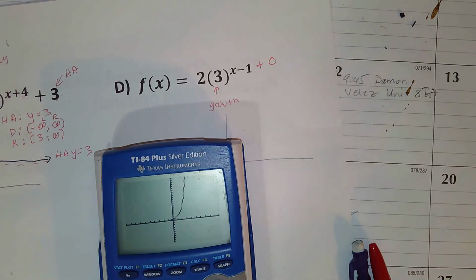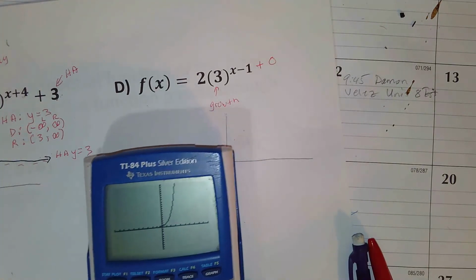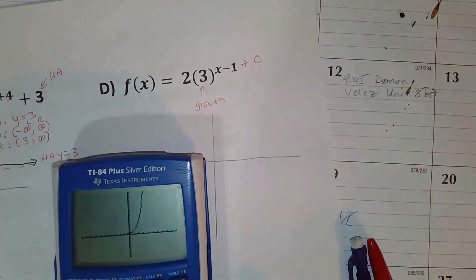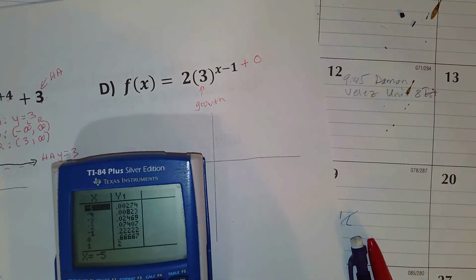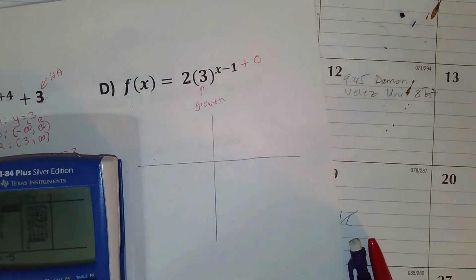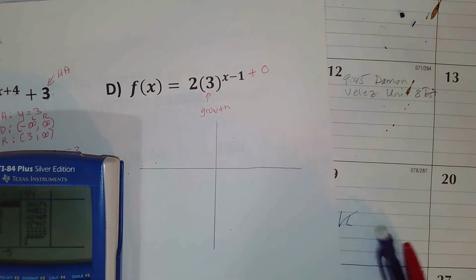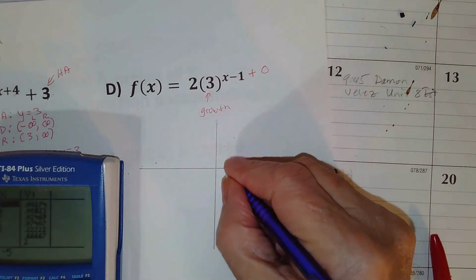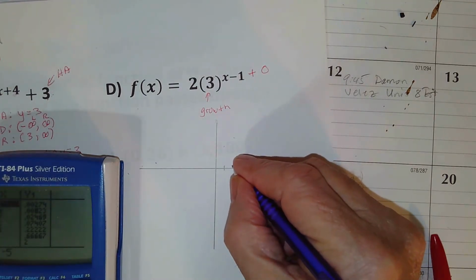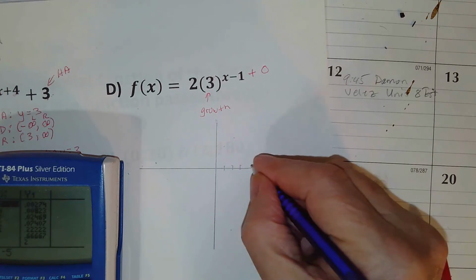Aha. Okay. So you got your graph. So we want a couple of points. Let's do the table again. So let's go over here to second and table. All right, I got one down here. X is 1, y is 2. So let's just do 1, 2, 3, 4.